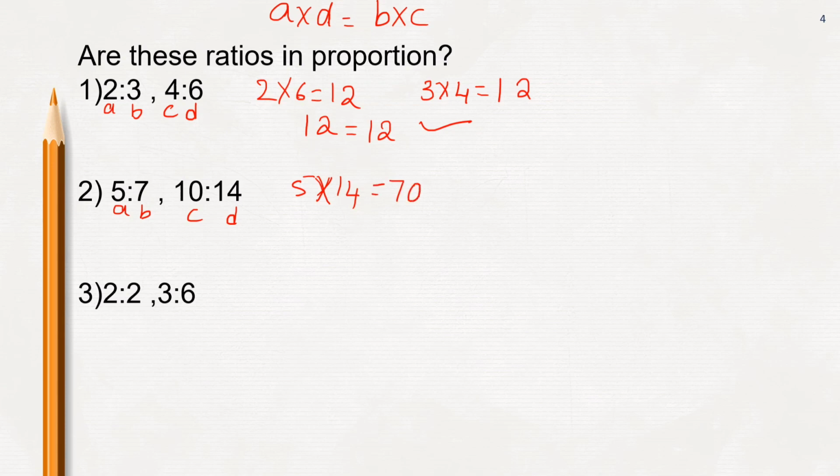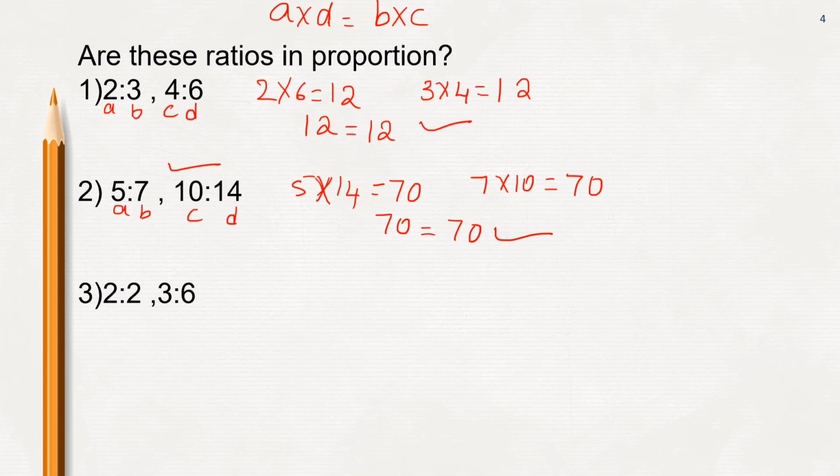And B into C, that is 7 into 10. 7 into 10 is also 70. So the cross products are equal, that is 70. So we can say these ratios are in proportion.